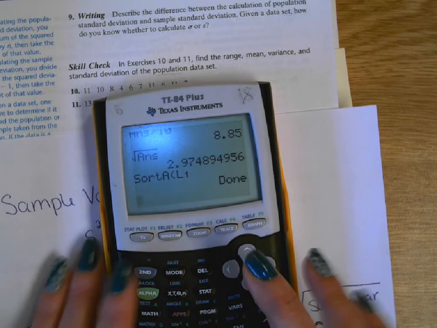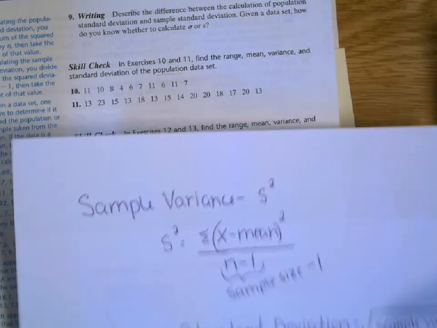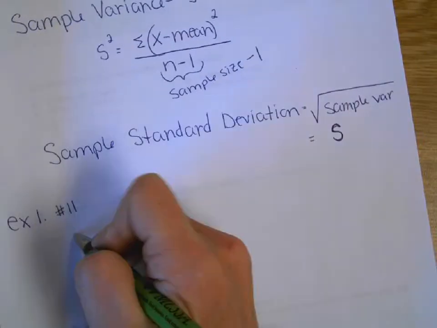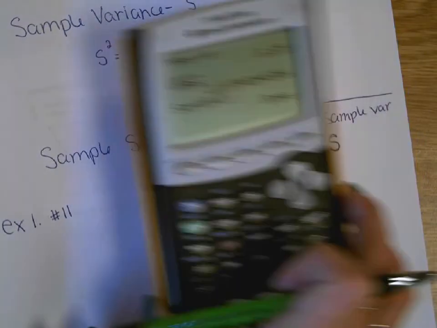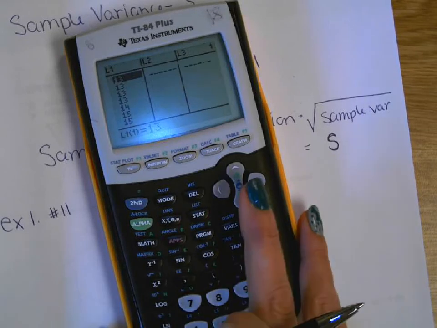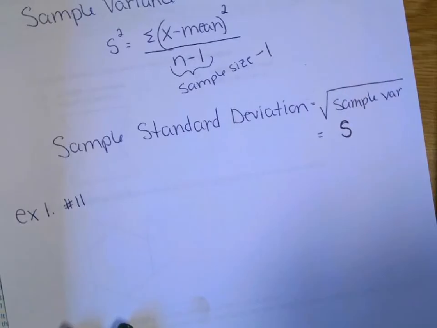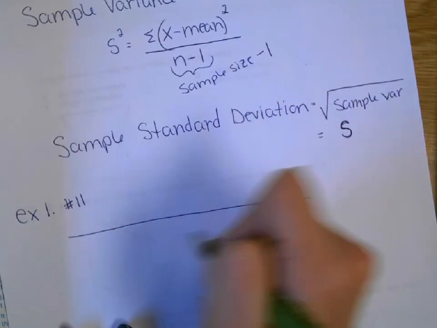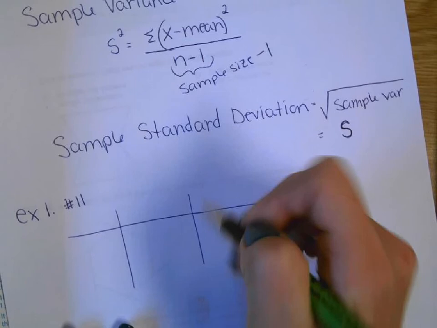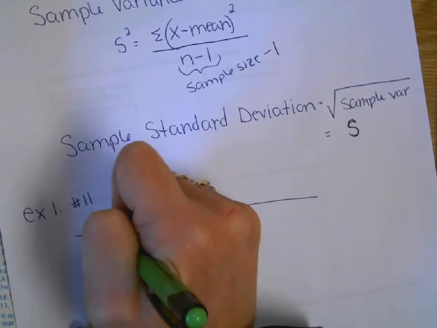Okay. So all I want you to do for homework now is give me the first and last numbers in your list. So stat, edit. Smallest was 13. Largest was 23. So we're going to make a little table. 13.